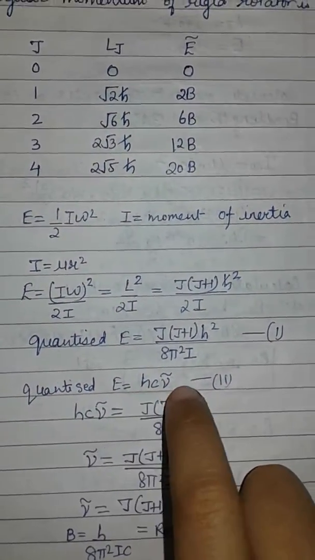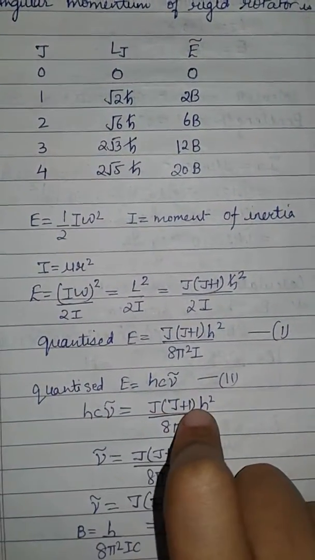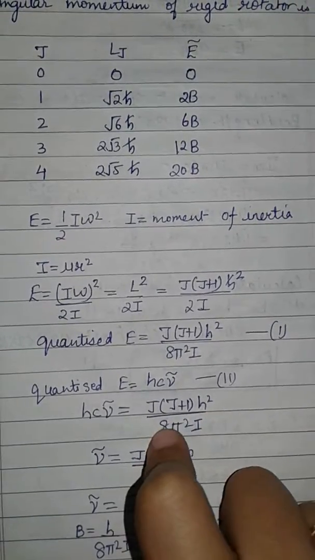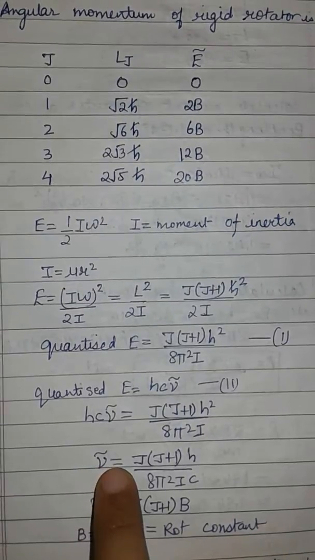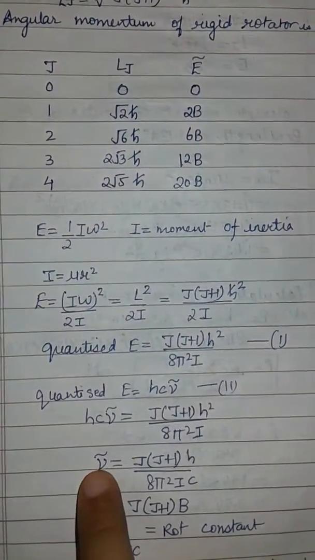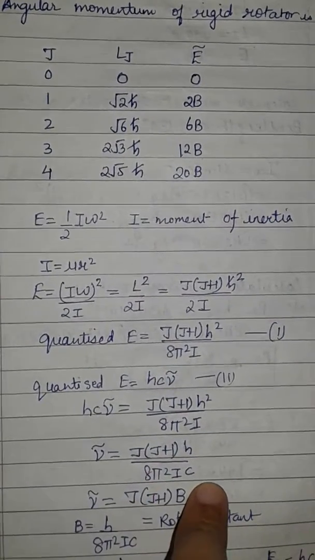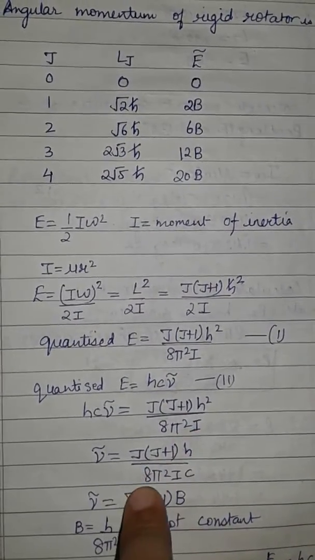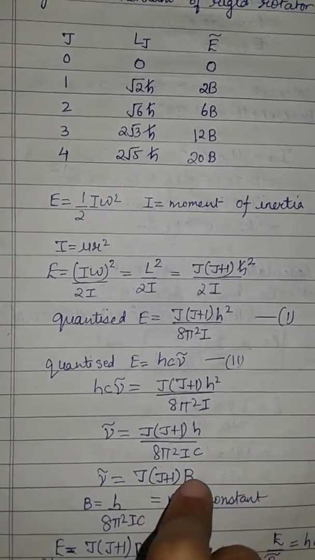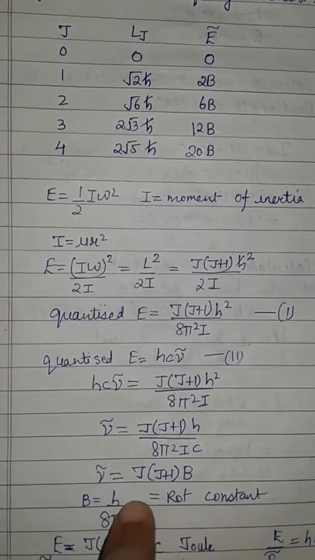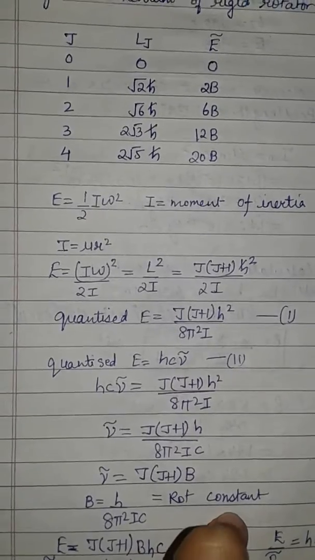We know this formula also of energy, so equating both, we get Hc nu bar is equal to J into J plus 1 H square upon 8 pi square I. So we'll arrive at wave number, nu bar, is equal to J into J plus 1 H upon 8 pi square IC, and this value H upon 8 pi square IC is a constant, so we'll put it as B. So B is equal to H upon 8 pi square IC, which is a rotational constant.